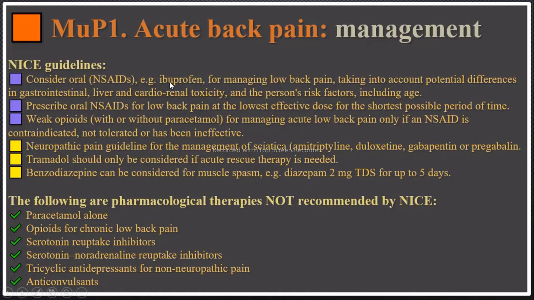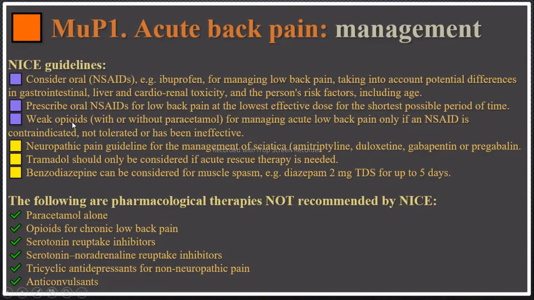So you will choose non-steroidal anti-inflammatory drugs according to these factors. Prescribe oral NSAIDs for low back pain at the lowest effective dose for the shortest possible period of time. So you will choose the lowest effective dose and shortest possible period of time.